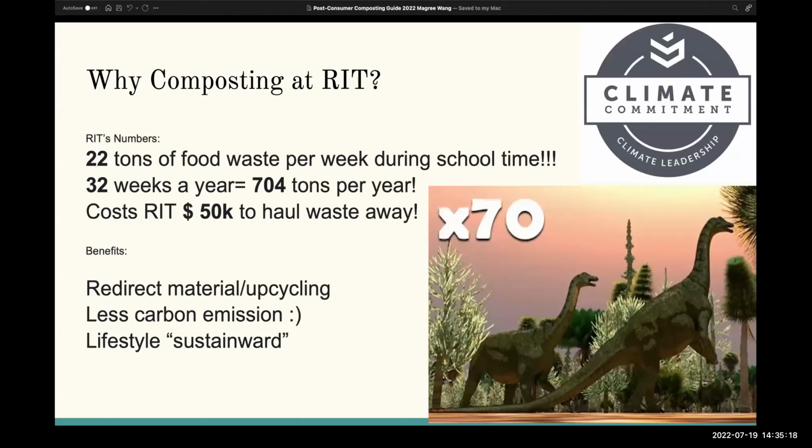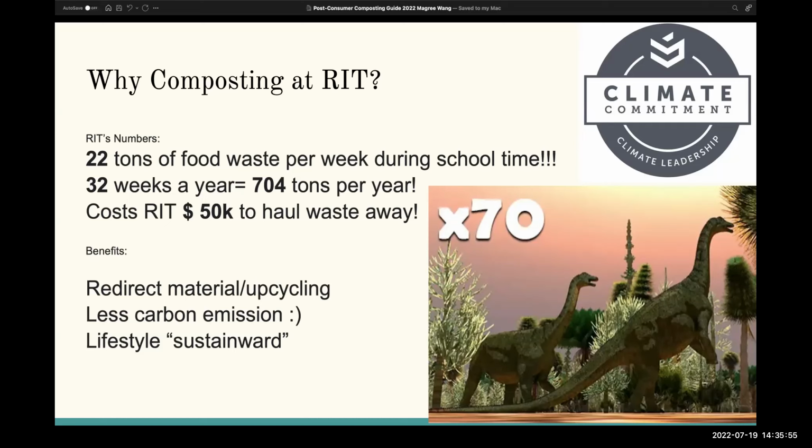So why composting at RIT campus? Currently, I got these numbers from Enid. We're generating 22 tons of food waste per week during school time. So when we're fully in session in person, that's how much food waste we generate. And that's roughly 32 weeks out of a year. So over 700 tons of food waste per year, which can be redirected out of landfill.